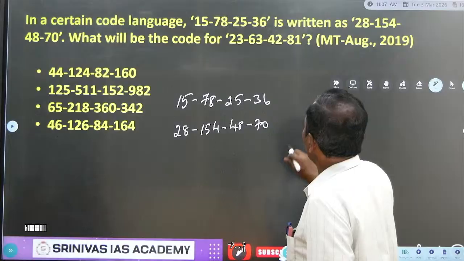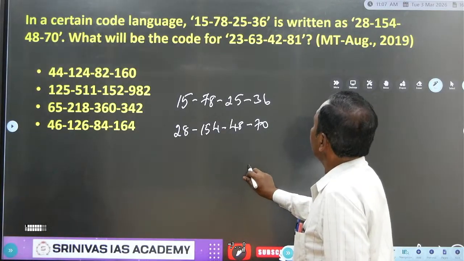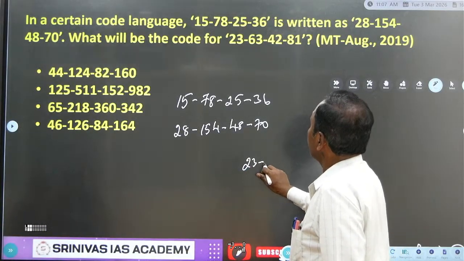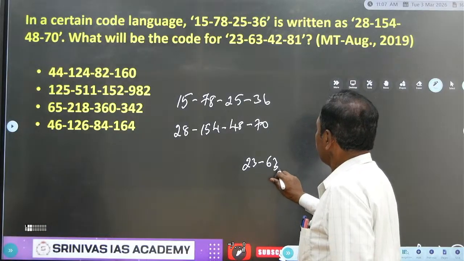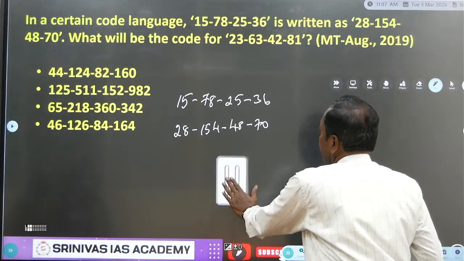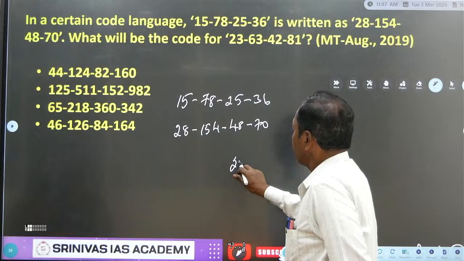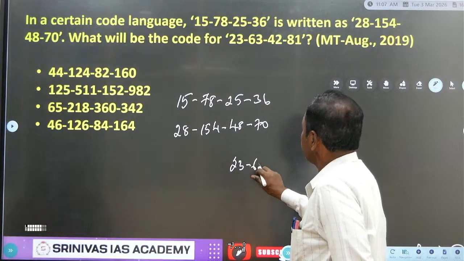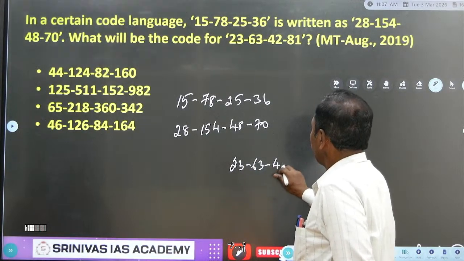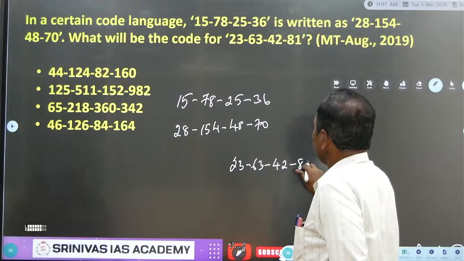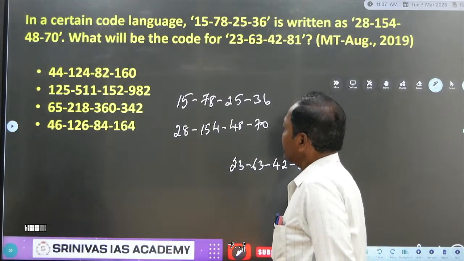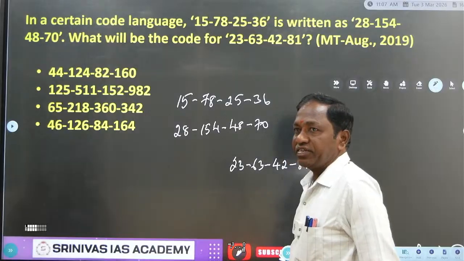Now, what is the code for 23, 63, 42, 81? Okay. Now let us see, 15 is written as 28. See, 15 is coded as 28.